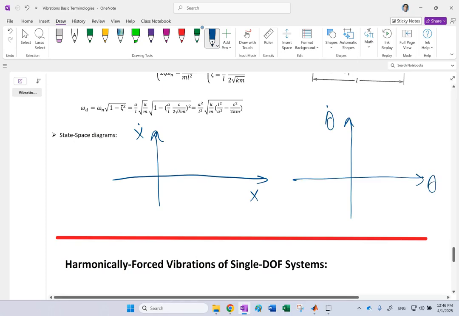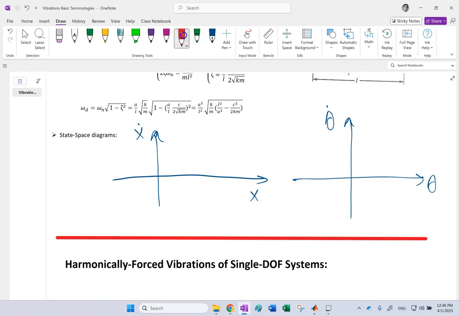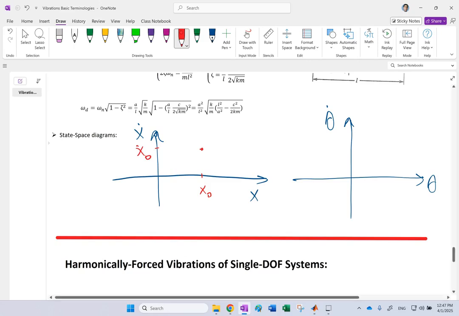These are the states of the system, and you want to see what kind of response you would get. You start from x0 and x dot 0, so you start somewhere here. As time goes on, what kind of trajectory would your system go through? We call it the state space trajectory.